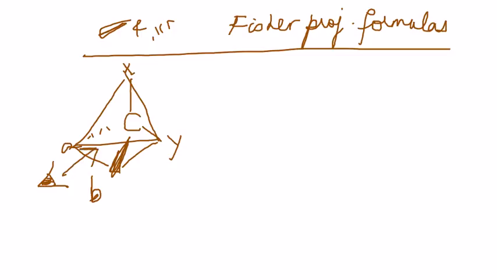And as you're viewing that, you would see that essentially the A would be on the left hand side, B would be on the right hand side. The X and Y are going to point backwards to maintain the tetrahedral. And that's your Fisher formula.